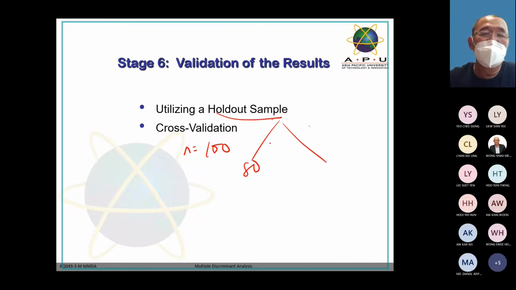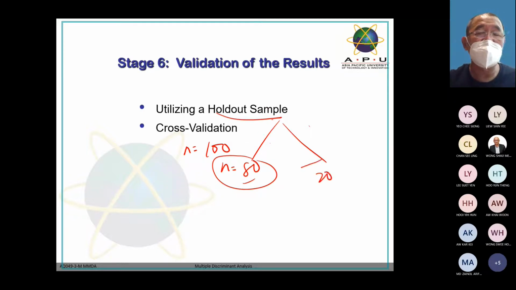So you use n equals 80 to do the testing. Altogether 100, but use 80. Then you do the classification based on the balance 20. This sample we call holdout sample. You did not use it in your data analysis, but later you can use this to see whether the prediction is correct or not.